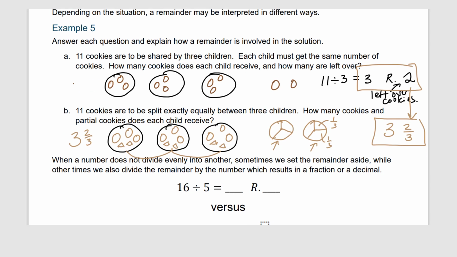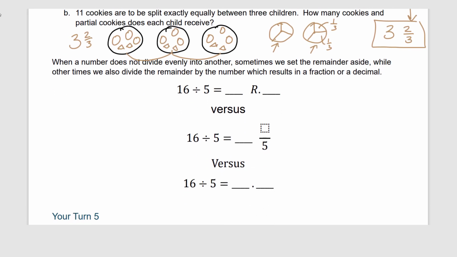So when a number does not divide evenly into another number, sometimes we set the remainder aside, while other times we divide the remainder by the number, which results in a fraction or decimal.